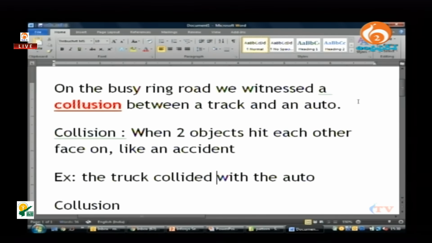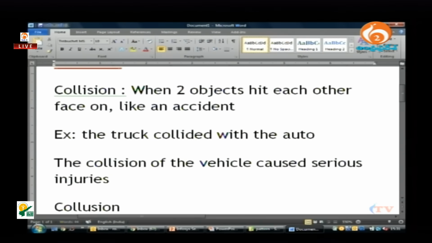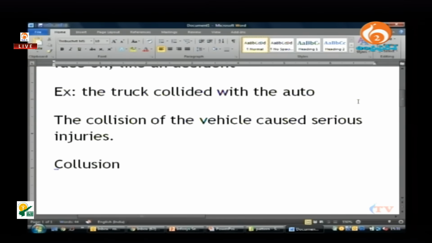Here I am using the word as a verb, collided. The collision of the vehicles caused serious injuries. So that is collision. What do you mean by collusion? Involved together for a crime. That is what collusion is all about.